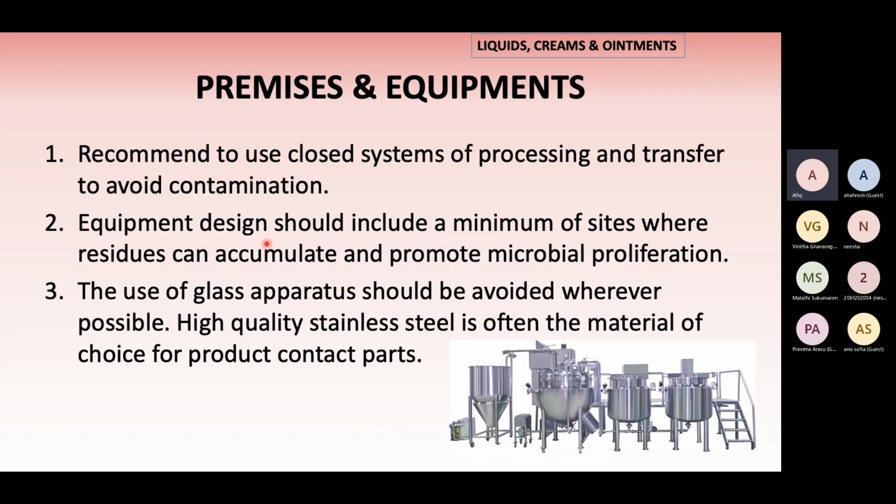And equipment must be designed to include a minimum of sites where residues can accumulate and also promote microbial proliferation. And the use of glass apparatus should be avoided wherever possible, because we want to use everything in stainless steel. So high quality stainless steel is often the material of choice for product contact parts.